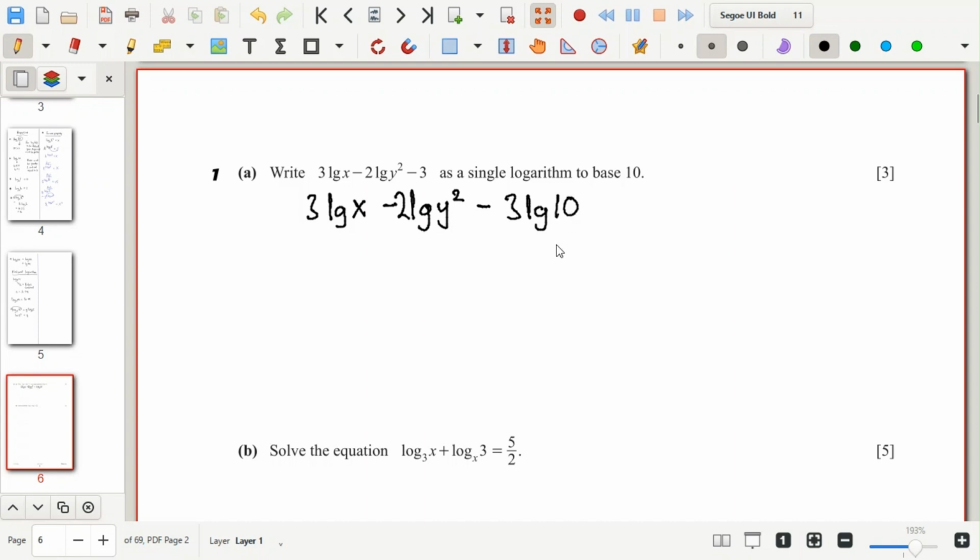Do you agree? Why? Because LG is the same as log to the base 10. The whole expression here is the same as 3 times 1, which is the same as 3. So if you see a number, you can write it in the form of logarithm, because any logarithm to the base 10 is 1.